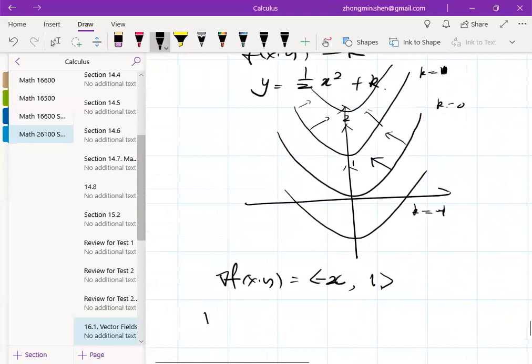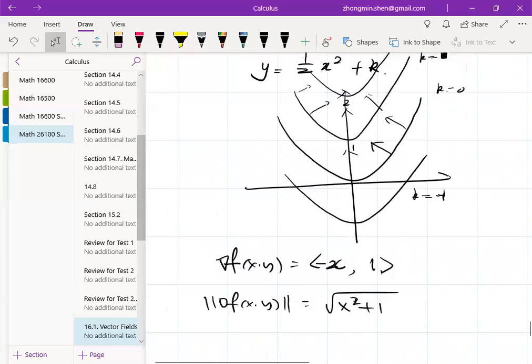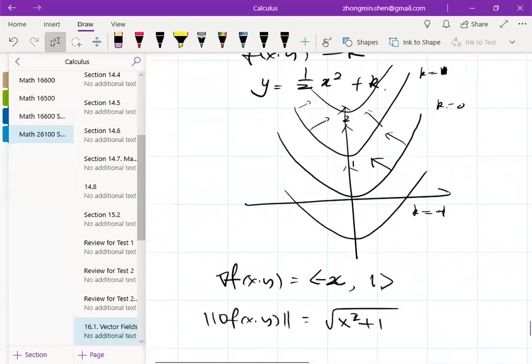So thinking about the length, it's going to be the square root of x squared plus 1. But that still does not tell you how the length changes along the parabola.